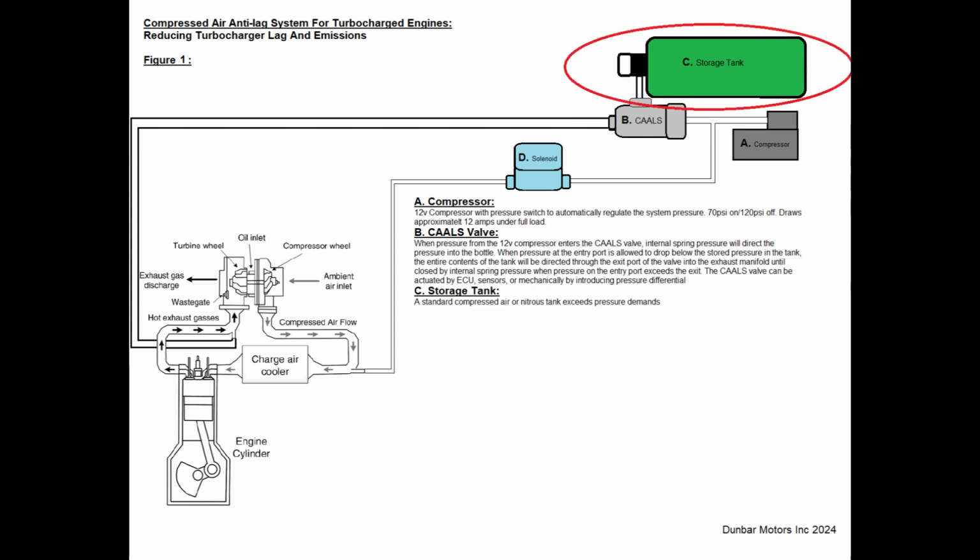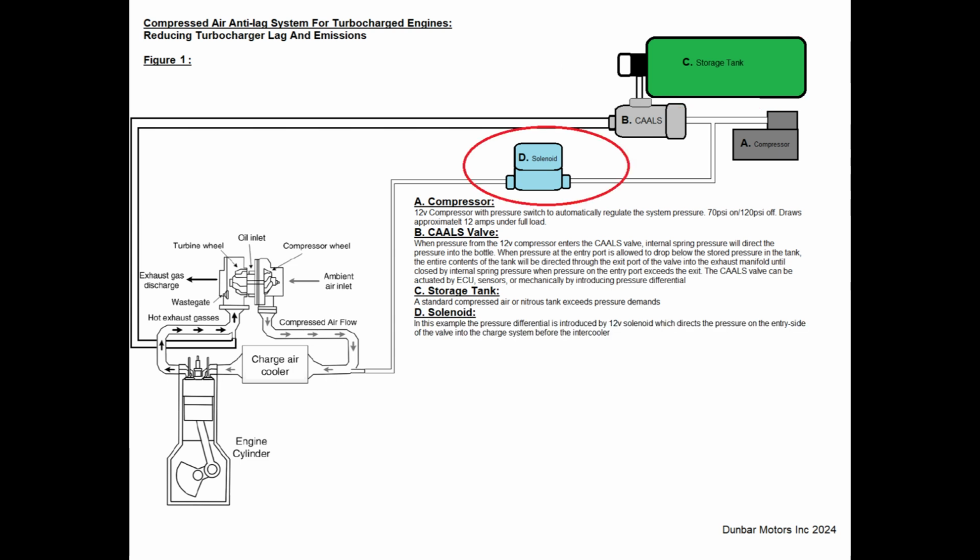Once the pressure at the exit port and the entry port have stabilized, the valve will automatically close, or when the solenoid is allowed to close, then the system will automatically repressurize, closing the valve instantaneously. A standard compressed air nitrous tank exceeds the pressure demand, so that's what's used in this example.